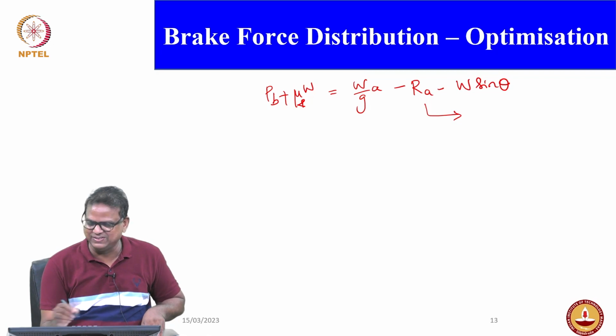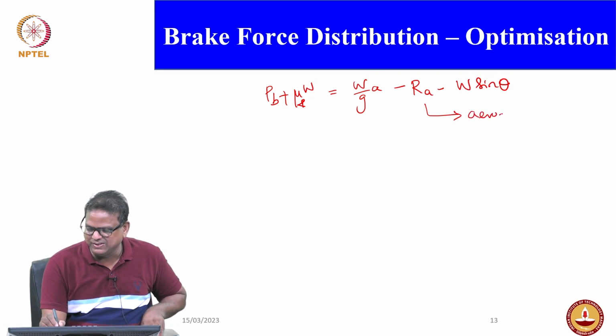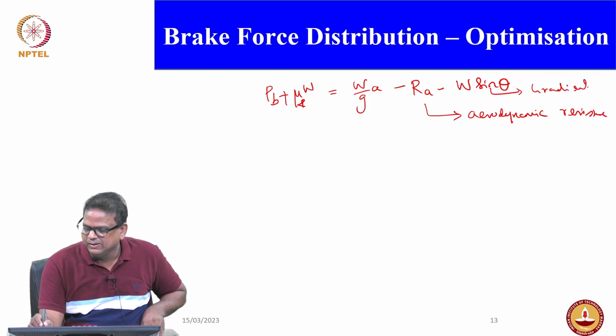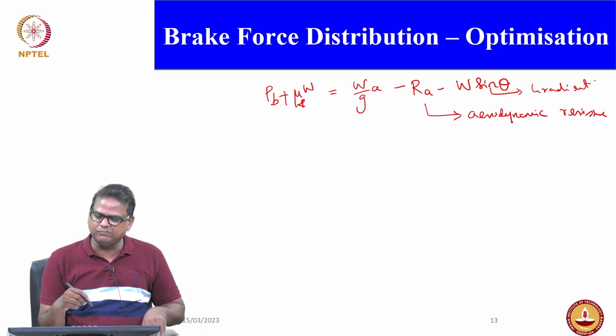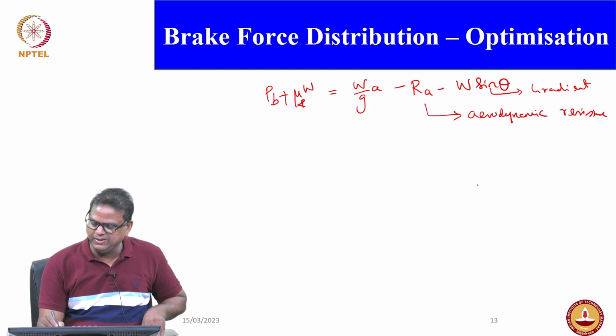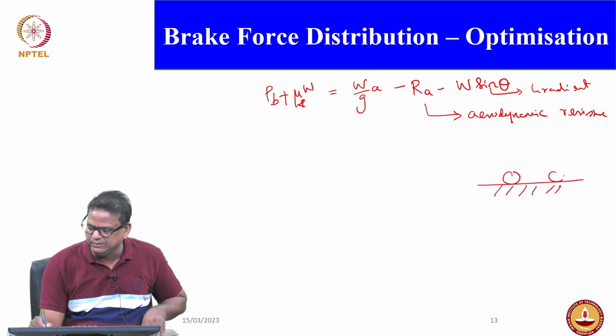Aerodynamic resistance, right? It's the aerodynamic resistance, and this is your gradient. For simplification, we are going to assume that the vehicle is moving on a plain road.